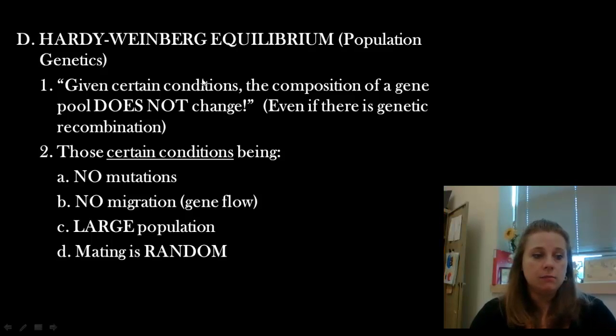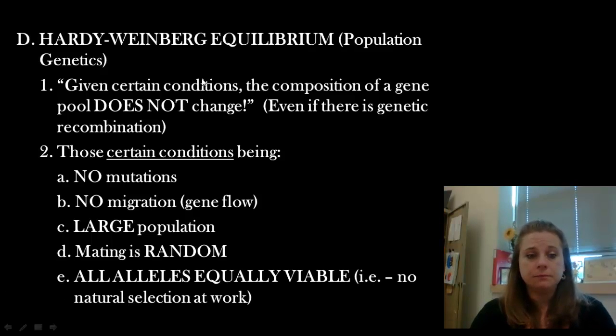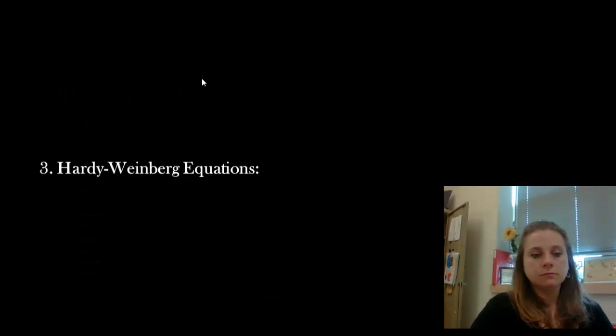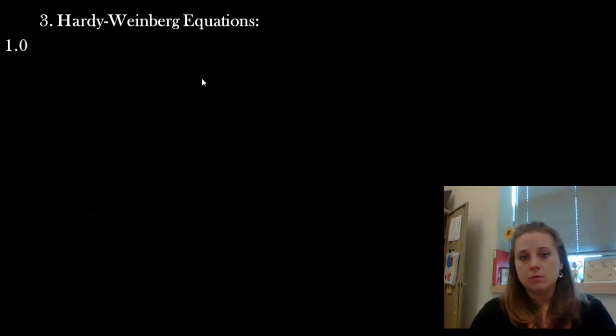Mating must be completely random. And all the alleles must be equally viable, and that means there can be no natural selection. So a dominant allele, or for that matter a recessive allele, can't be more adaptive than another.